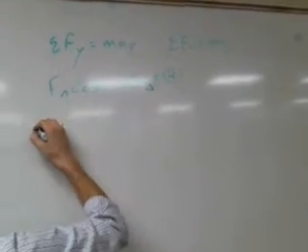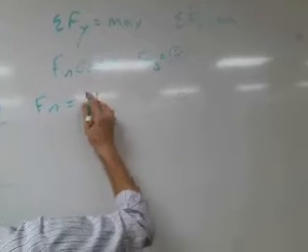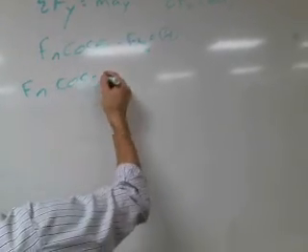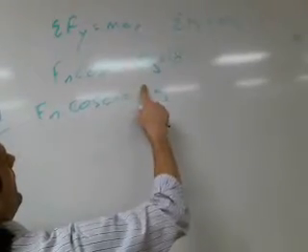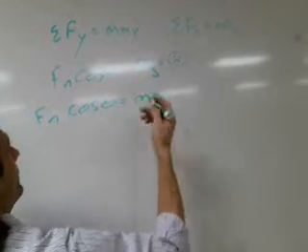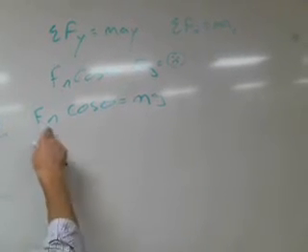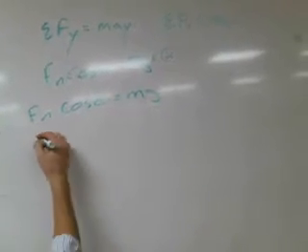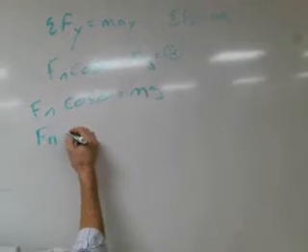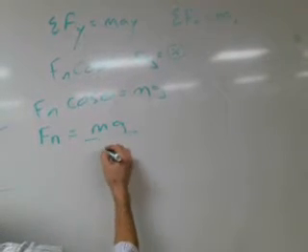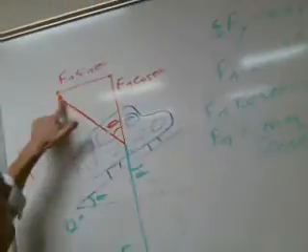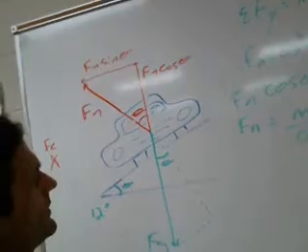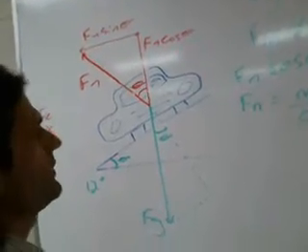So then Fn cos theta is Fg, which you all know how to spell as mg. And so if I want to know what that Fn is, I would just push the divide button. It is mg over the cos of theta. That's what that red arrow is, that the road itself is exerting on the car perpendicular to the motion.